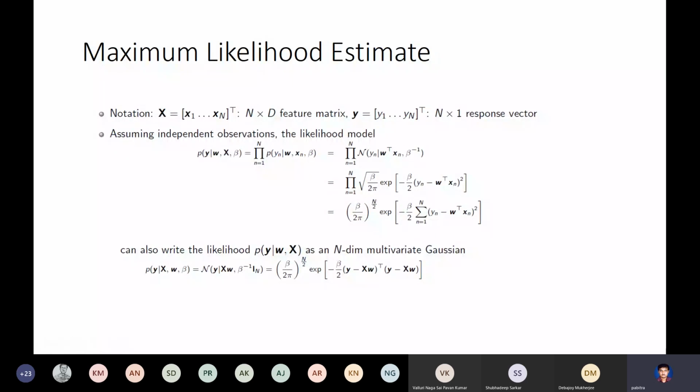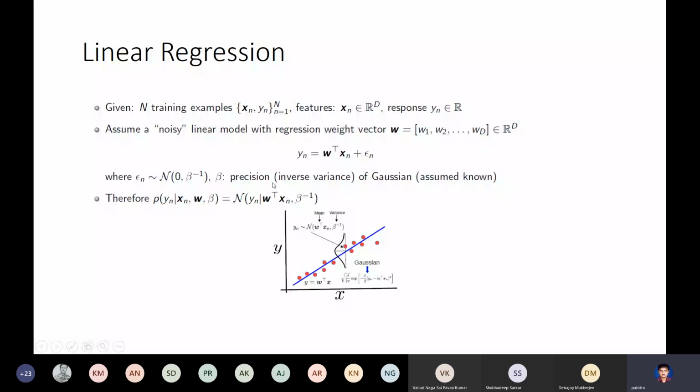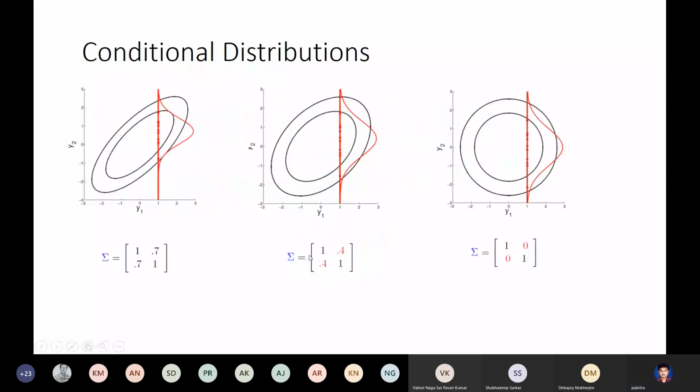So let us see. We use this result, that is P of yn given xn. This is for a single y. Note that this is for a given xn, only a given constant value of xn. yn given xn is normal with W transpose xn mean and beta inverse variance.